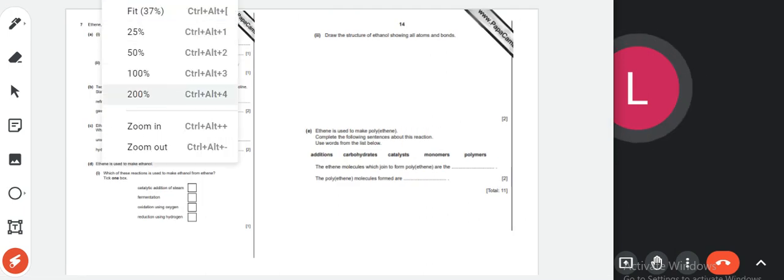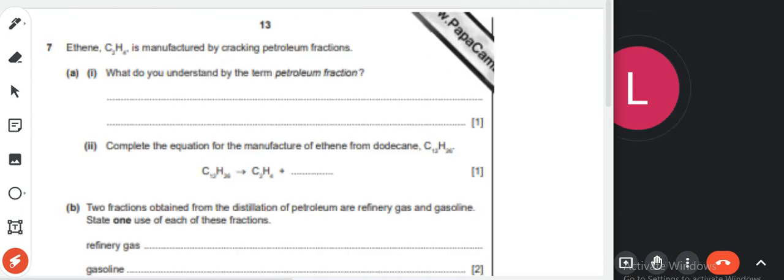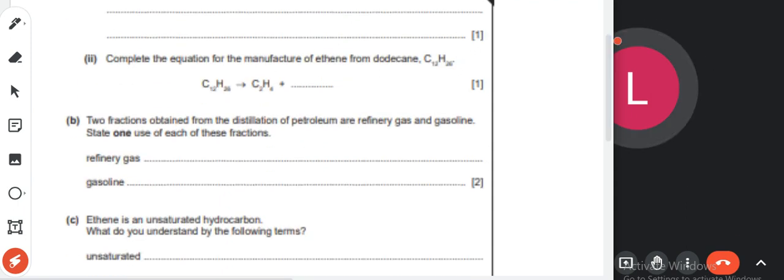So there are other questions. I will just walk through them. It says ethene is manufactured by cracking petroleum fractions. What do you understand by the term petroleum fraction? We've done all of that under petroleum. The next question says complete the equation for the manufacture of ethene from dodecane, which is C12H26, with 12 carbon atoms and of course 26 hydrogen atoms.